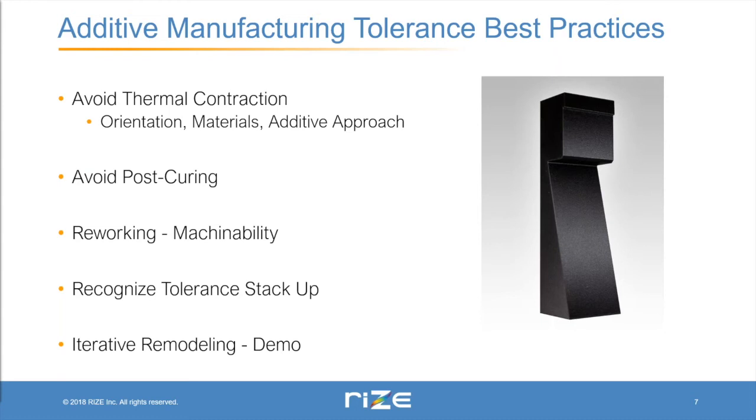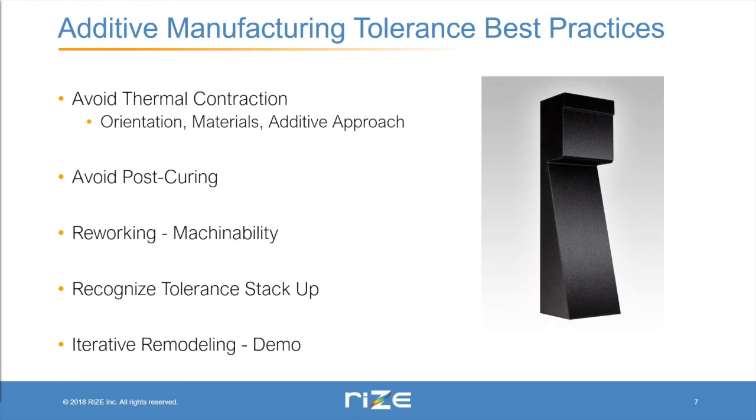So I'm going to do a quick demo on what I mean by iterative remodeling, and just show how to then implement that in software. So essentially, what I mean when I say iterative remodeling is initially you will design a part to the dimensional specifications you desire, and then once the part has been produced, it's been 3D printed, then you will measure the part using your calipers.